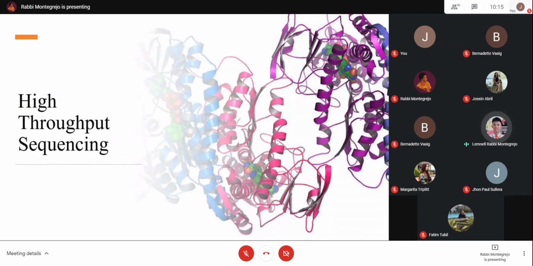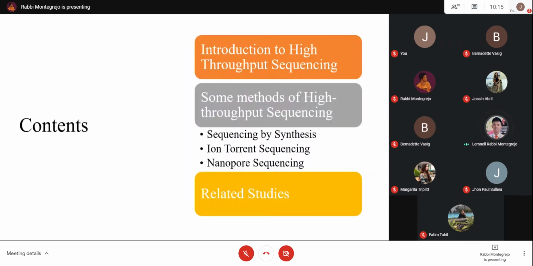So, good morning, everyone. Today, I will be discussing high throughput sequencing or HTS. In this discussion, I will be briefly introducing you to high throughput sequencing, as well as its importance, followed by some of the more promising methods of high throughput sequencing, which are sequencing by synthesis, ion torrent sequencing, and nanopore sequencing.